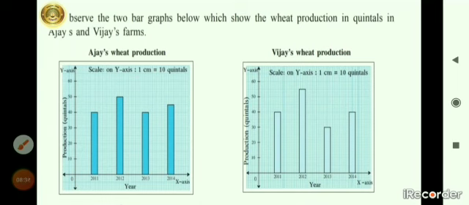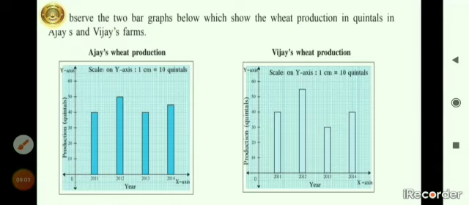X-axis is showing the year of production and y-axis is showing the production in quintals. So we can show the information from both graphs in a single graph. It will make easy comparison between the two. Such graphs are called joint bar graph. That means two graphs can be plotted in a single graph.